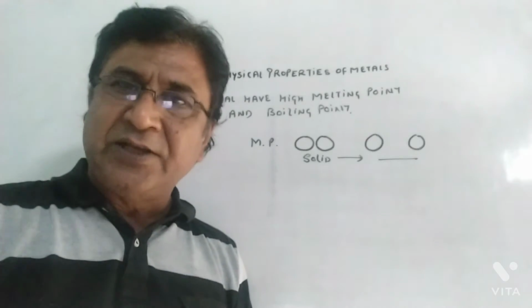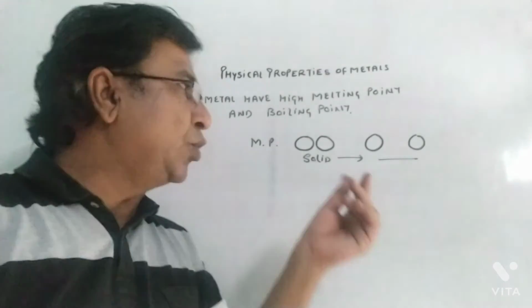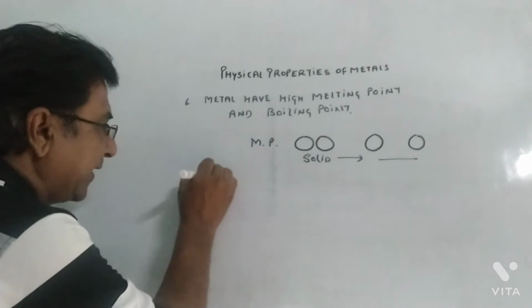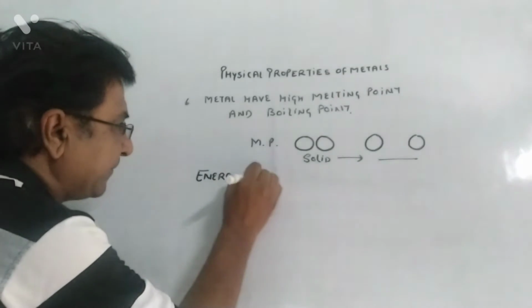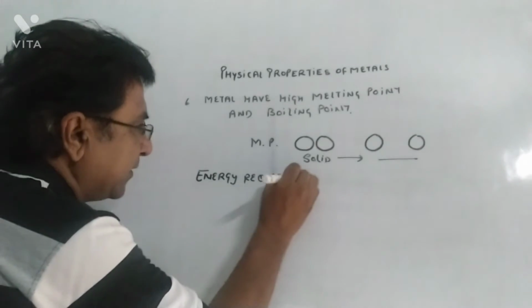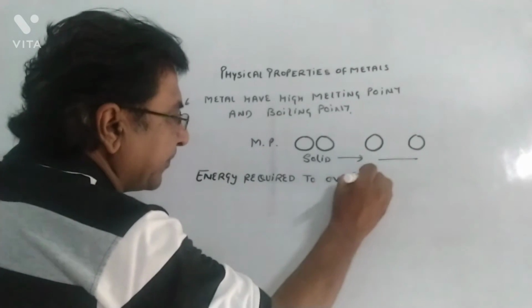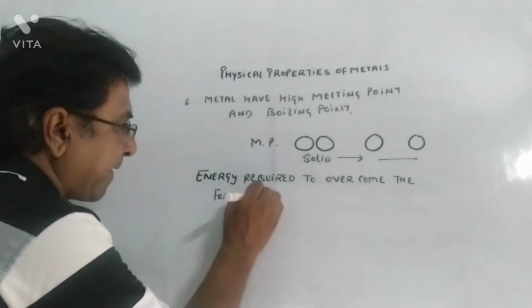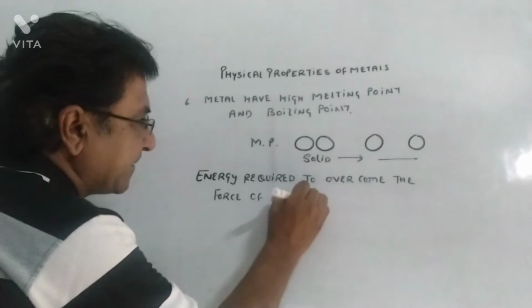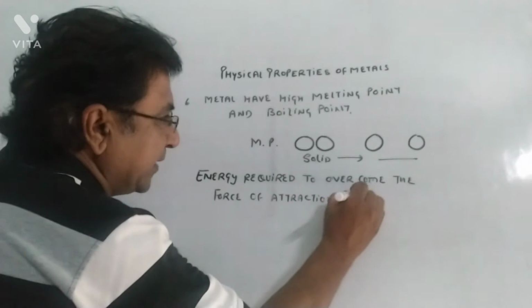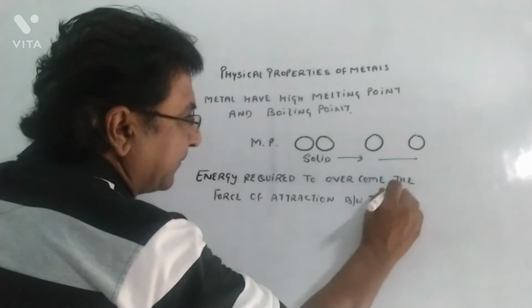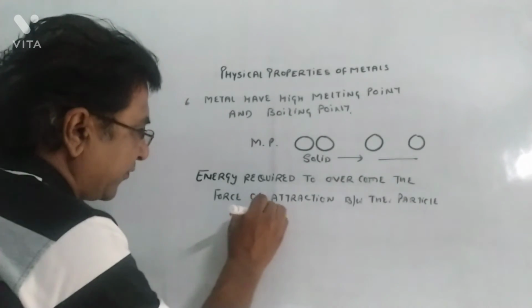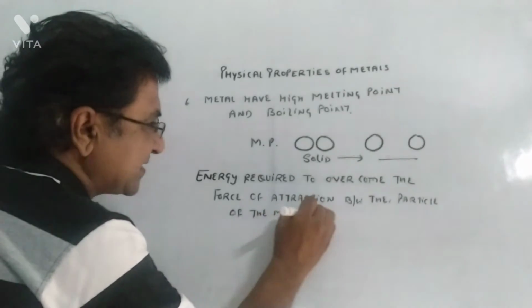The energy required to overcome the force of attraction between the particles of the matter is called its melting point.